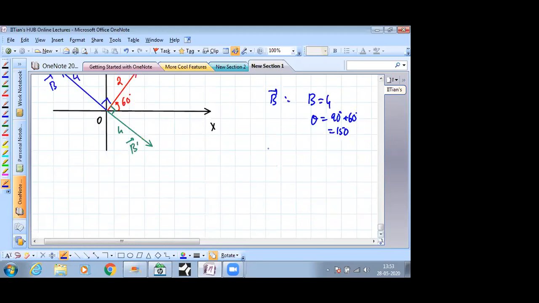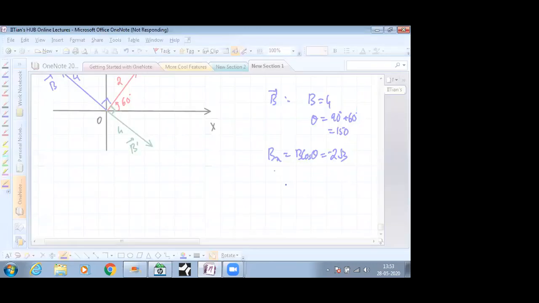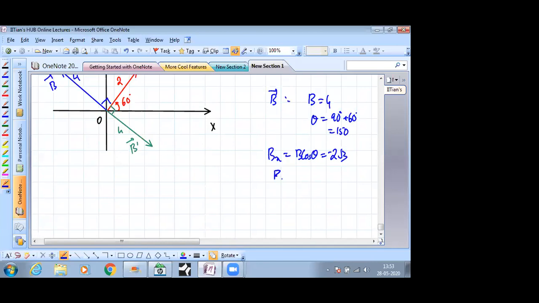So the x component of B, which is B cos theta, will become minus 2 root 3, and the y component, which is B sin theta, will become 2. So the vector B is becoming minus 2 root 3 i cap plus 2 j cap.